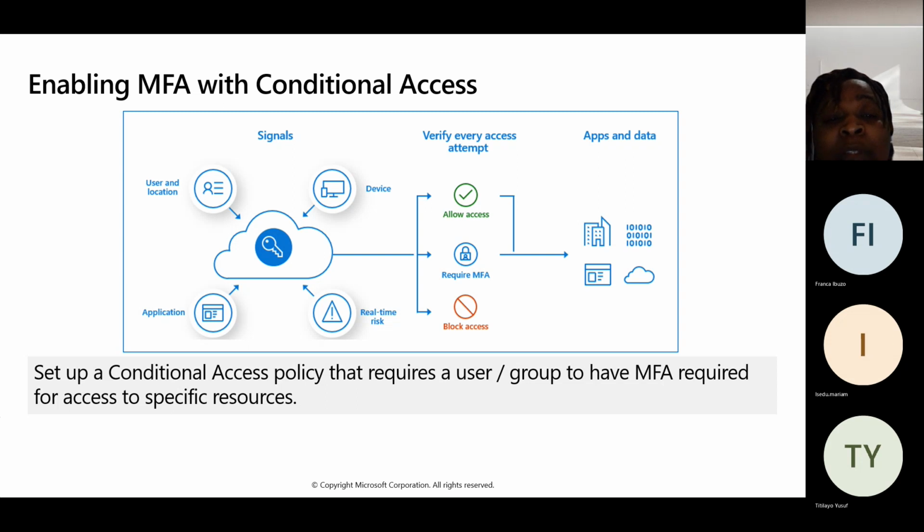The conditional access policy helps us to say that this user, or people in this group, or this application, or this device, whatever it is that is requiring authentication, must have MFA before they can access that resource. Like this diagram explains, you're a user, you are in location A, and you put in your password. The moment you come in, the conditional access helps to say, oh, MFA is required. If you don't have MFA, it blocks you.